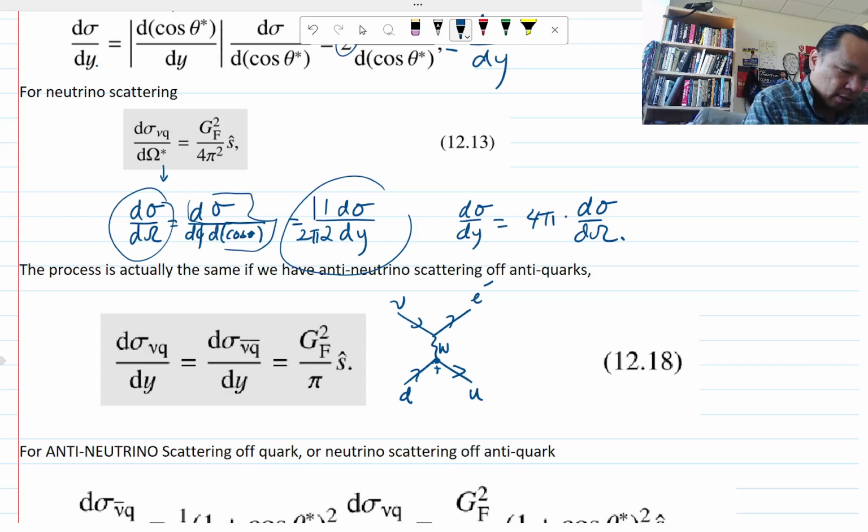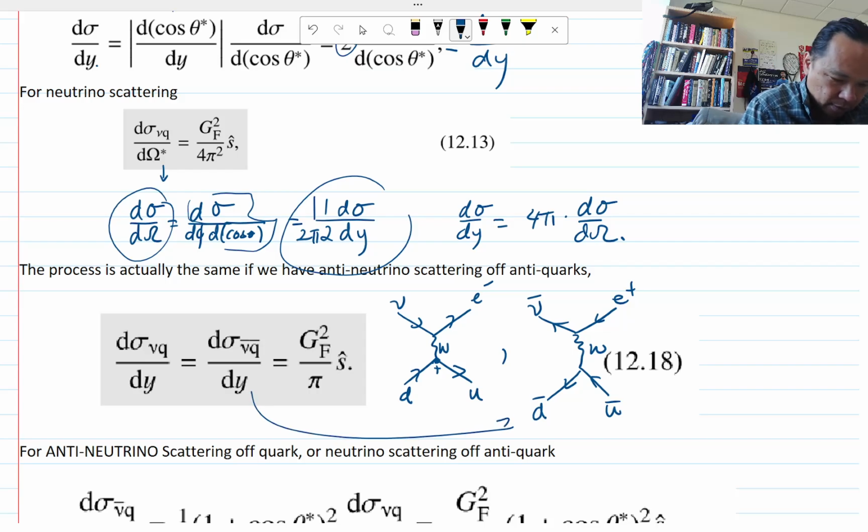Okay, so from the charge conjugation symmetry, what you can do is just bar everything. So you have an E plus instead. You can do the same thing here: D bar, U bar. Now these particles are running backward. So these two diagrams are exactly the same, and therefore their cross section is exactly the same.